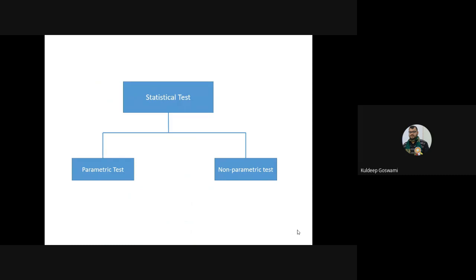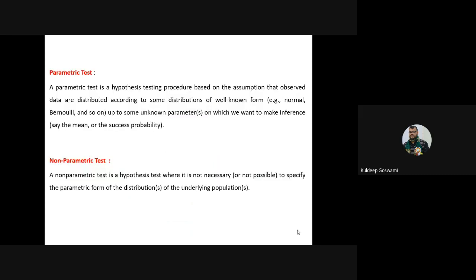As I have told, statistical tests can be divided into two different categories. One is called parametric test, and the second one is called non-parametric test. This is the definition of parametric and non-parametric. In general, just remember that T test, Z test, F test, chi-square test are generally known as parametric tests because some assumptions have to be fulfilled before using this type of testing procedure.